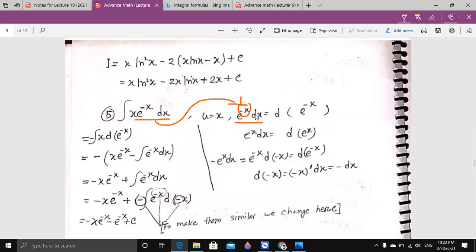If we take another minus here to make these two variables similar, we also have to multiply a minus. So for example, we have e to the power x dx is equal to this function.